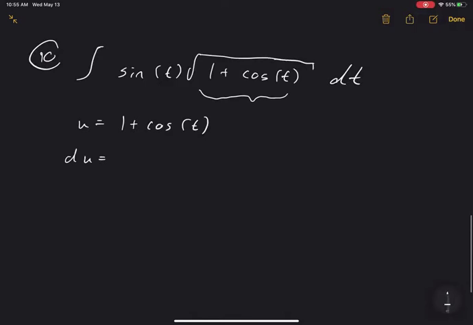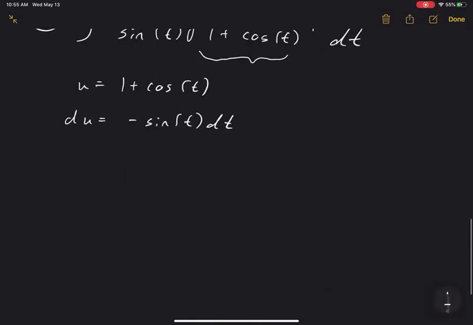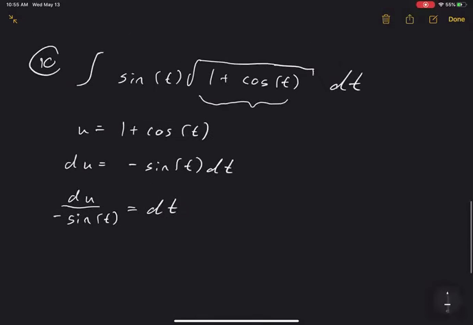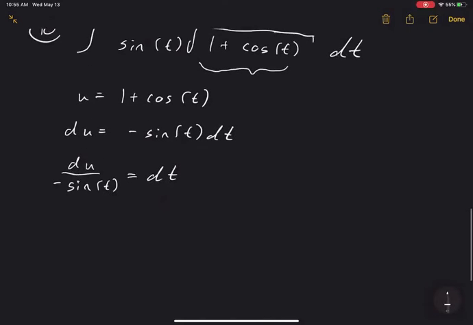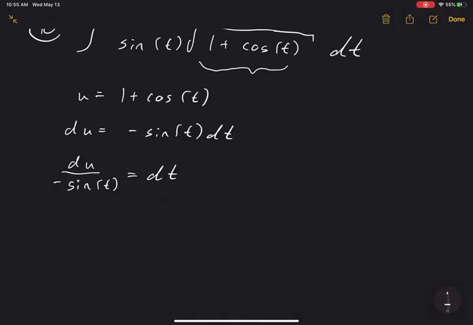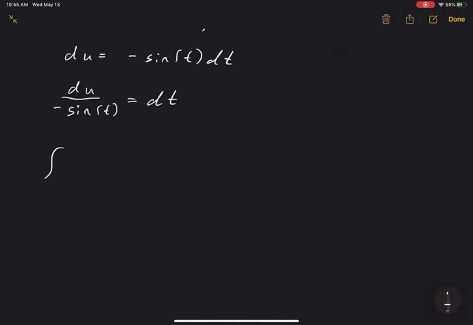Differentiating both sides, what do I get? And then I'm going to do my third step here. Now let's make our substitutions. I'm saying u is equal to 1 plus cosine t, and dt is equal to du over negative sine t. So plugging in all my stuff for my substitutions.